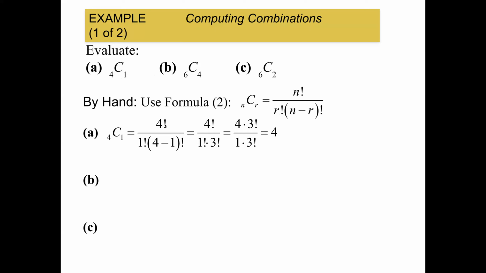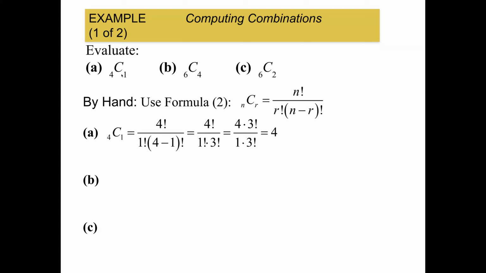It's 4 factorial from n, which is the left side of the C symbol, over 4 minus 1, which is 3 factorial. We also have the right side represented here as r factorial in the denominator. So this is 1, this is 3 factorial, this is 4 factorial. You can see that the 3 factorials eliminate each other, and we're just left with 4.